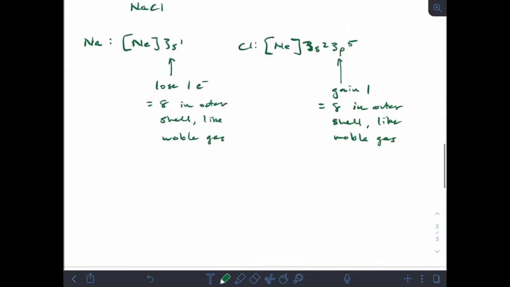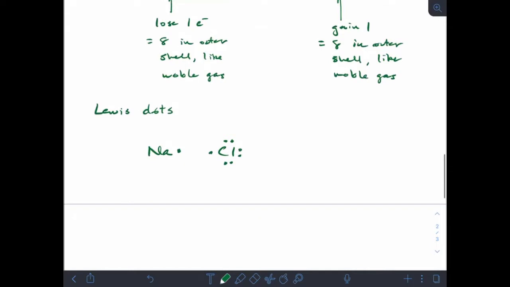If I take a look at how the Lewis dots represent this, I'll have my Lewis dot for sodium, which has 1 valence electron, and my Lewis dot for chlorine, which has 7 valence electrons. So if sodium loses 1 and chlorine gains 1, the octet rule is satisfied.